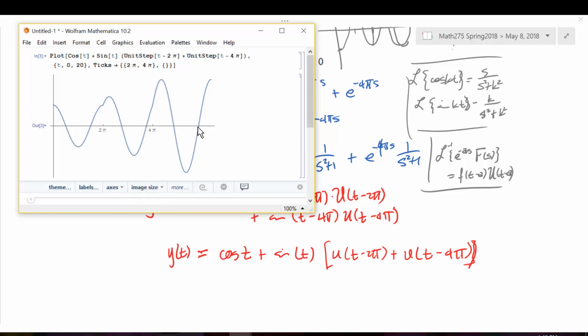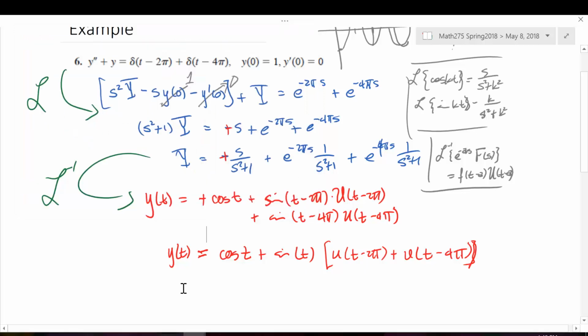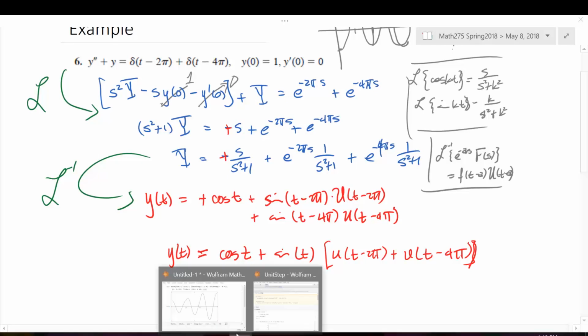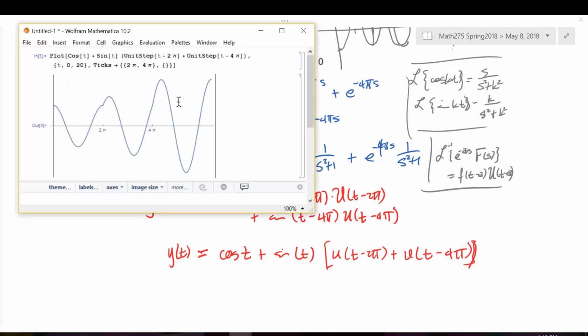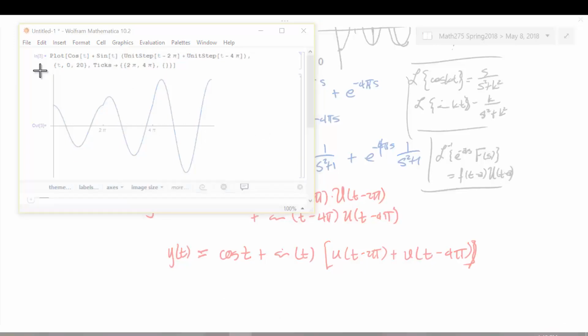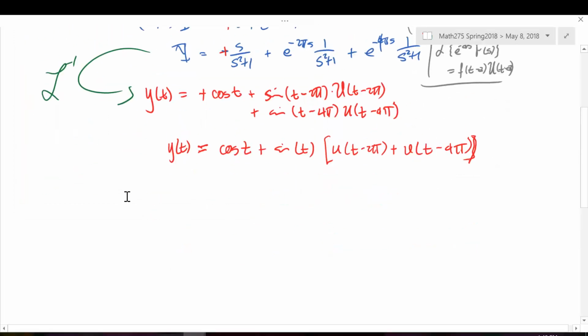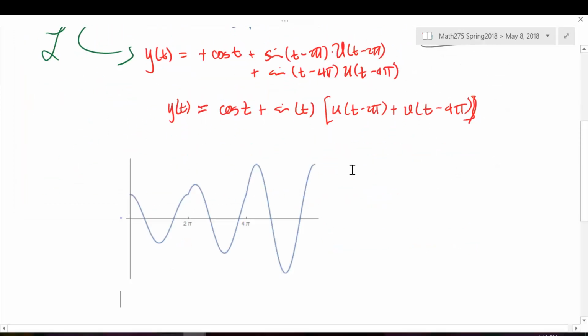Okay. This is an interesting graph. Let's get this picture in our notes. So the interesting aspects to look at in this graph are 2 pi and 4 pi, of course.